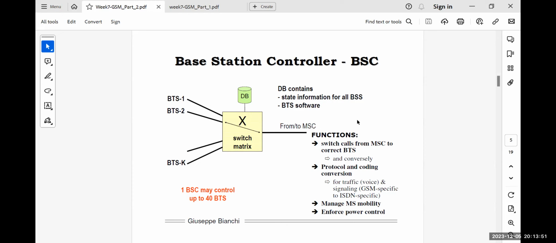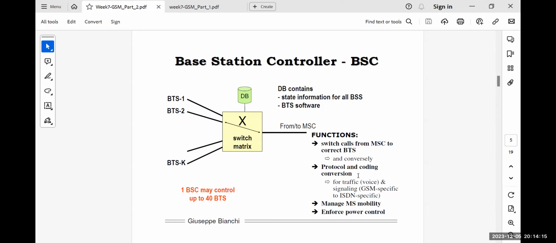MSC would route that to the BSC, and then BSC would figure out where that person is. For example, it is under the influence of BTS2. So that switching matrix will connect this MSC to the correct BTS, right? And that is basically the responsibility of a controller, the base station controller.